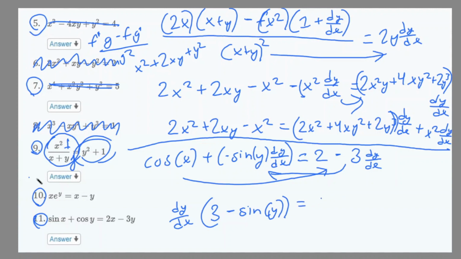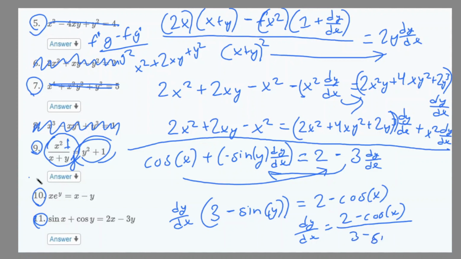And on the right side, we're going to have 2 minus cosine x. Now we just divide by 3 minus sine y on both sides. So our final answer is dy/dx equals 2 minus cosine x over 3 minus sine y. And that would be your final answer for number 11.